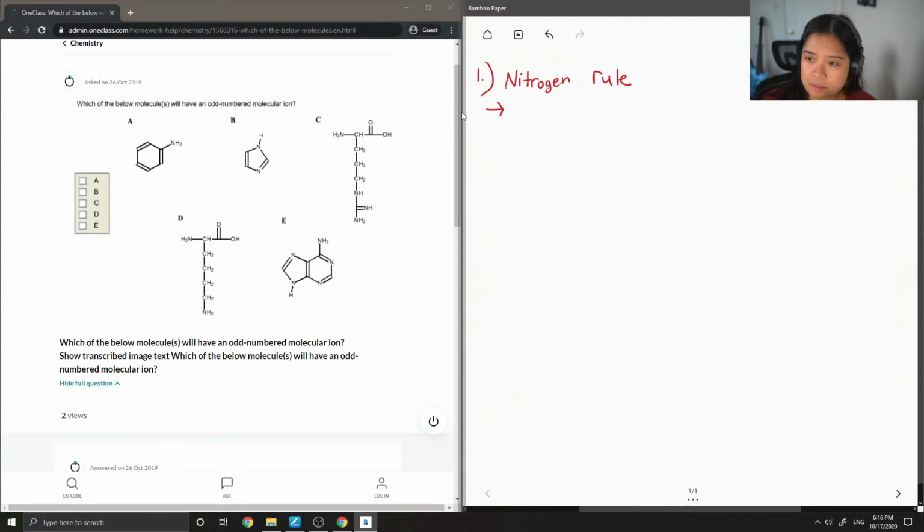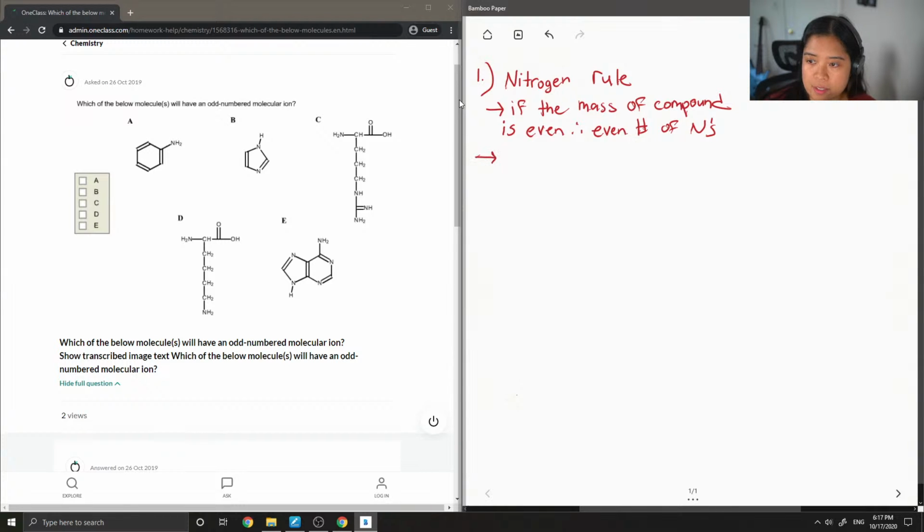And basically, if the mass of the compound, so we're looking at these different amine groups, if they're even, then there's an even number of nitrogens.